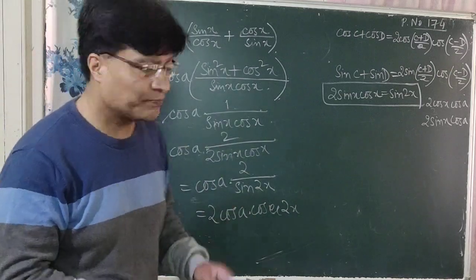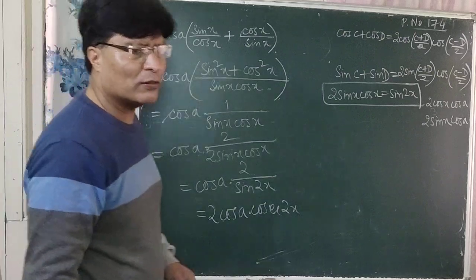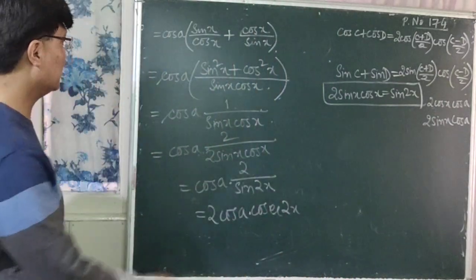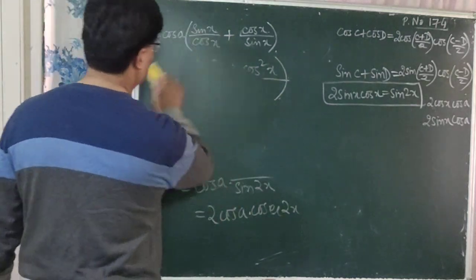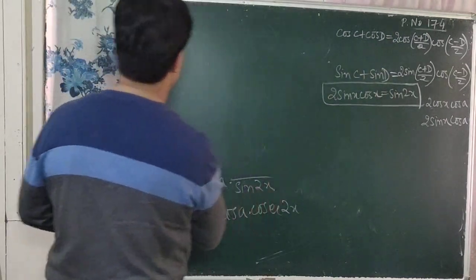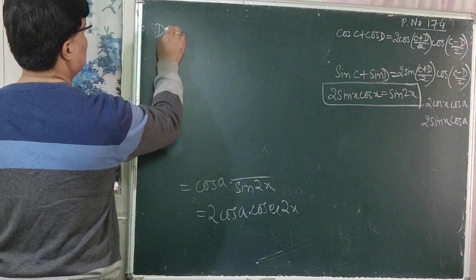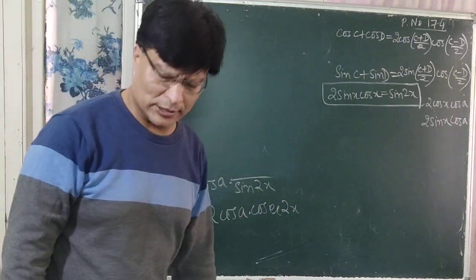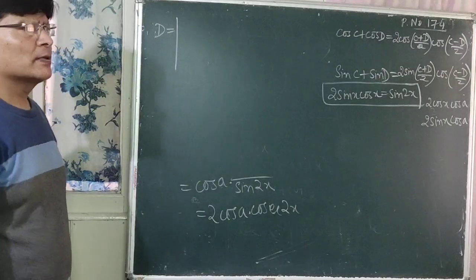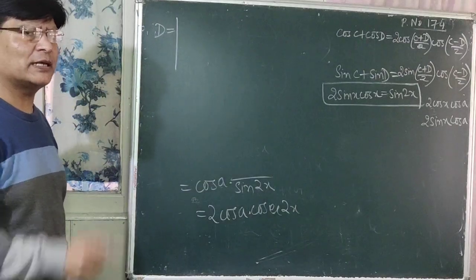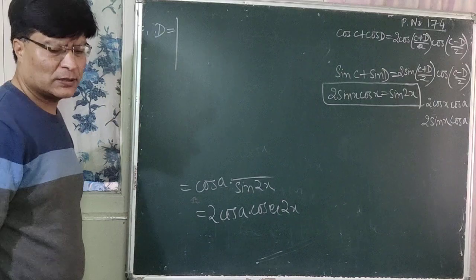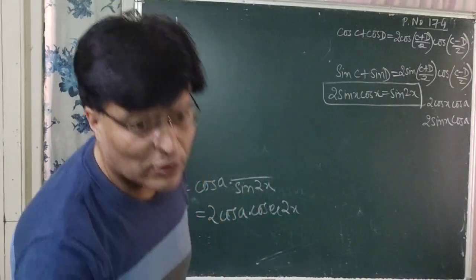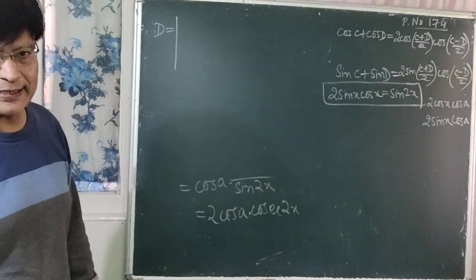Is that clear now? So now we will write all these simplified forms in the determinant. So therefore D is equal to, in the last determinant, the first element of the first column was cos of (x minus a) plus cos of (x plus a), isn't it?